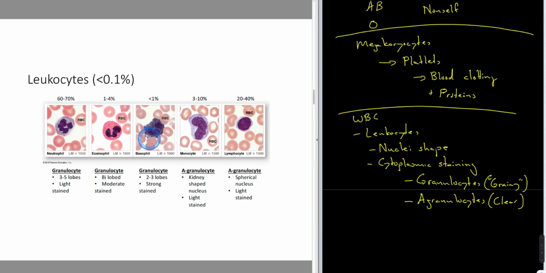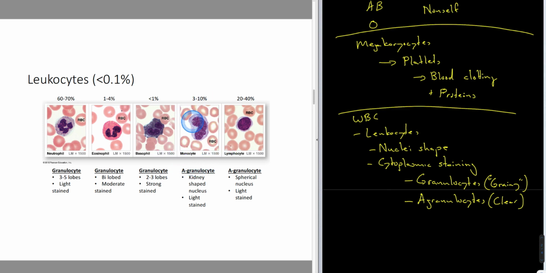The basophil has also a couple lobes, but it is so dark staining that it's very obvious to make out. And I would recommend that you look at the blood cell demo for the histology section and get a feeling for what these cells look like.